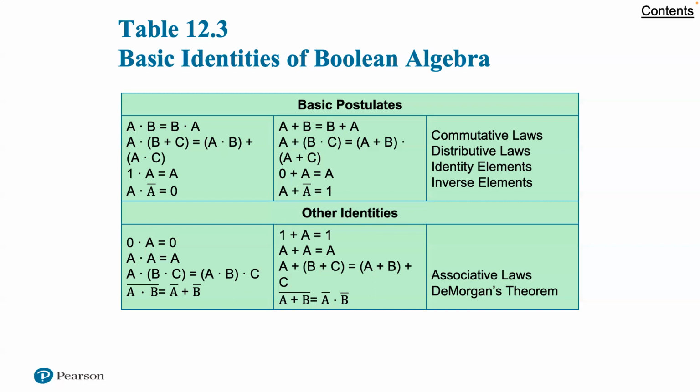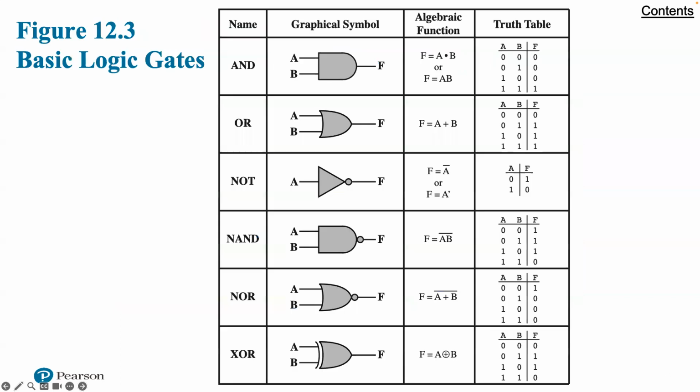We can restate them as A NOR B is equal to NOT A AND NOT B, and A NAND B is equal to NOT A OR NOT B. The reader is invited to verify the expressions in table 12.3 by substituting actual values, that is the ones and zeros, for the variables A, B, and C. So anyway, those are some useful things that you can make sure that you keep in mind.